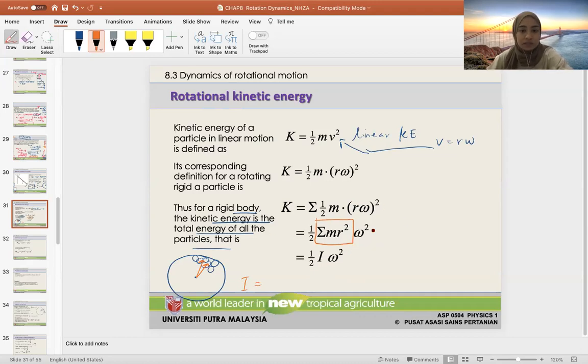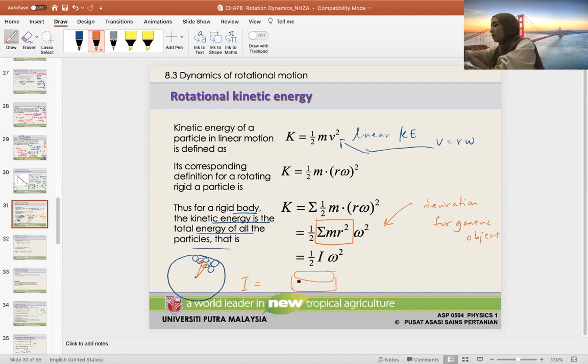Now, this one is the derivation for a generic body. For a generic object. So let's say you have a cylinder. The cylinder has a moment of inertia, which I don't remember. Let me check. Here.